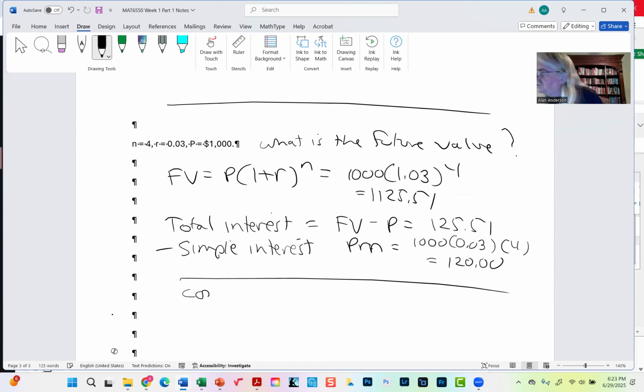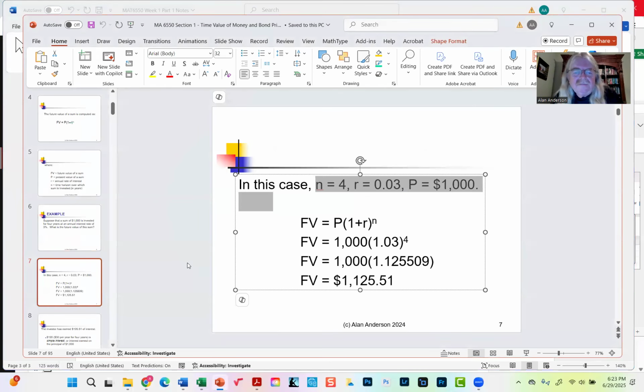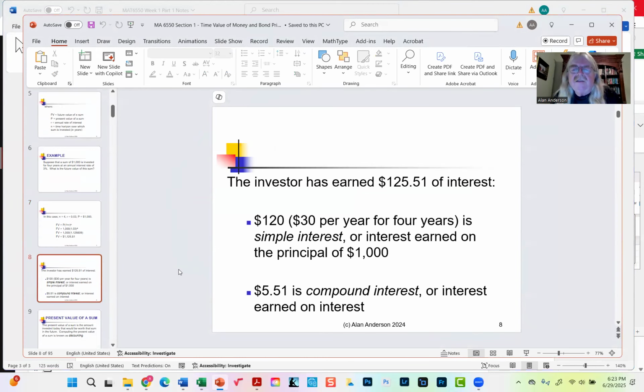The compound interest is the rest, which is $5.51. And again, for such a short time frame, the vast majority of this interest is simple interest, but that will change over time. After enough time goes by, eventually it'll be the compound interest which is the majority of the rate of return. And then here, it discusses the difference between the two.